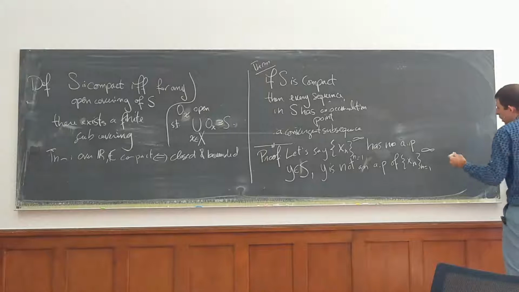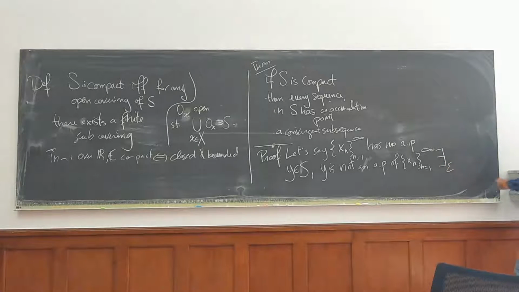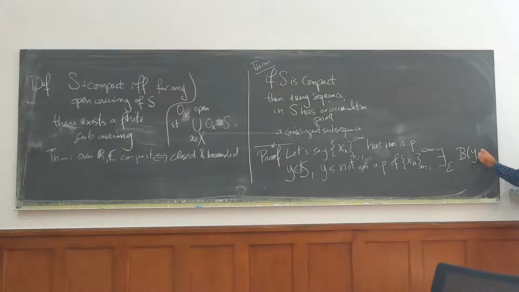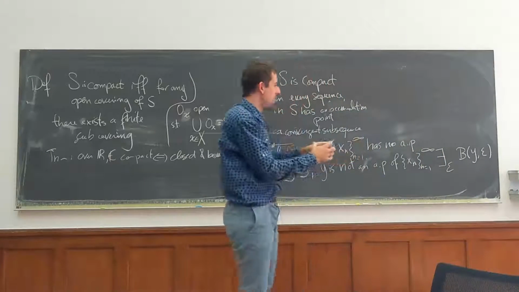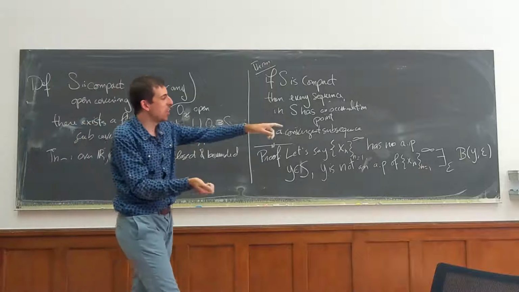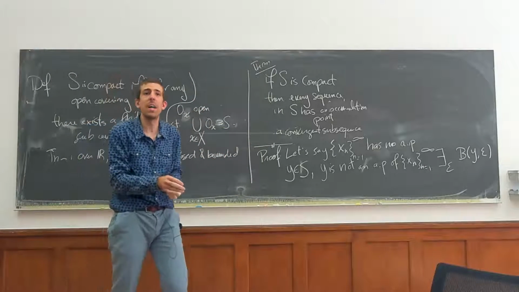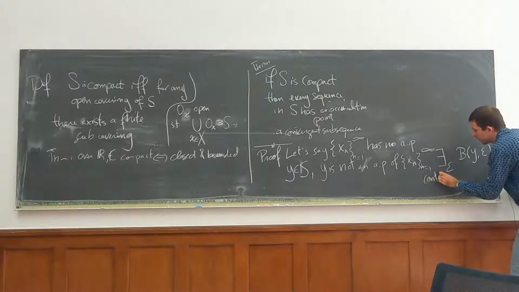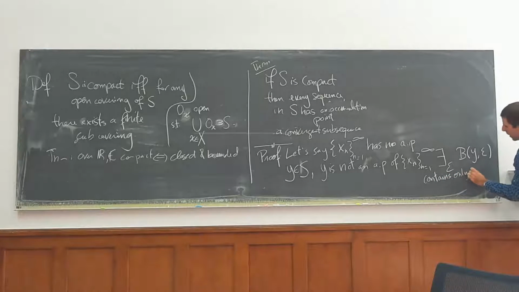So what this means is that there exists some epsilon such that the ball B(y, epsilon) contains only a finite number of elements of xn.